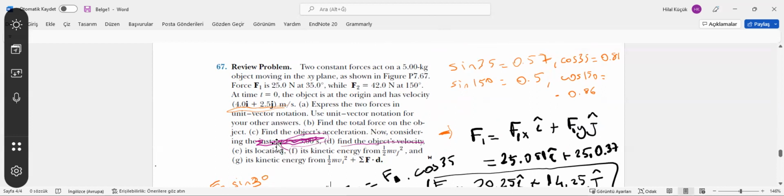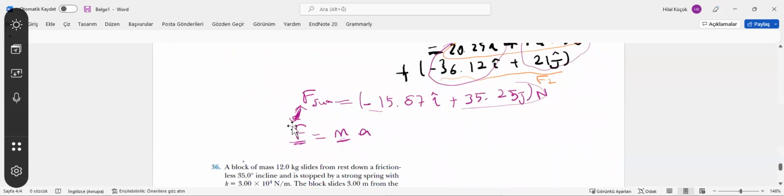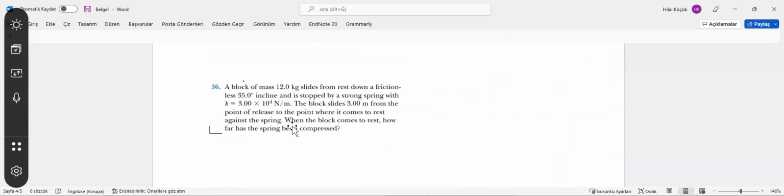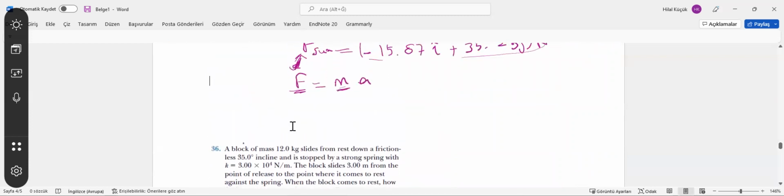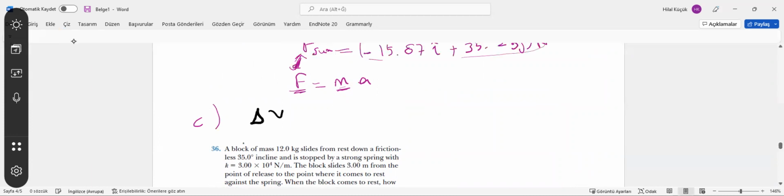And how can I find velocity? It's an easy part. I know. Okay, it's asking velocity. Delta V equal AT. I already know A. You need to include this T. And you can use 3 seconds now. V final minus V initial.